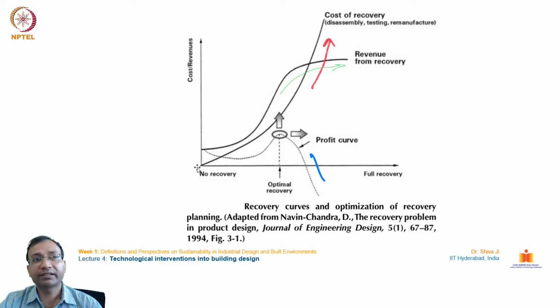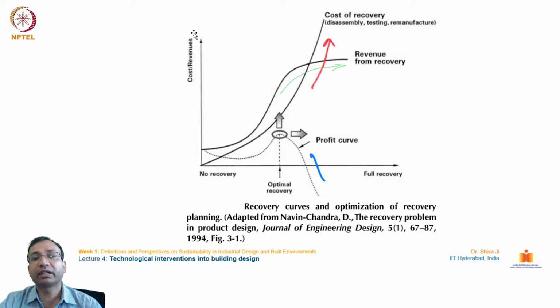And on the y-axis there is the cost or the revenue. When we go for the recovery process, it takes a certain amount of energy and a certain amount of money. So how can that be minimized, or does it increase over time?